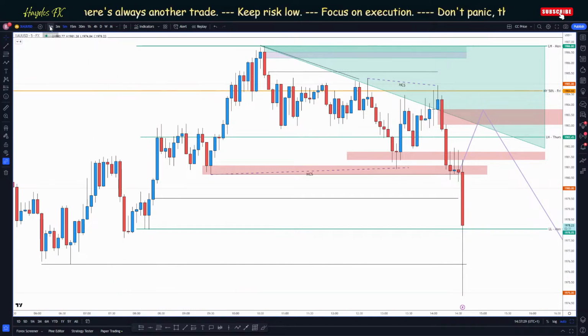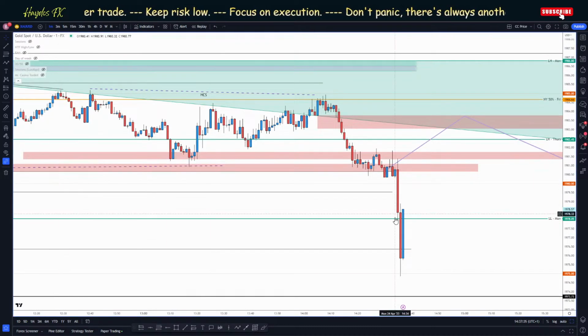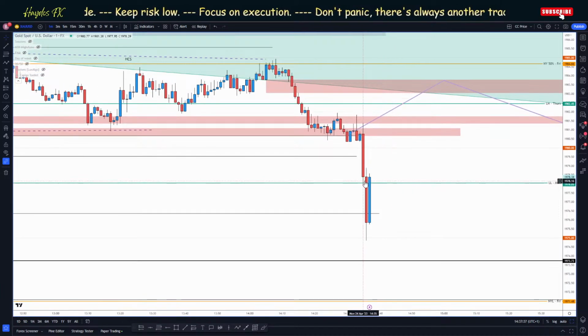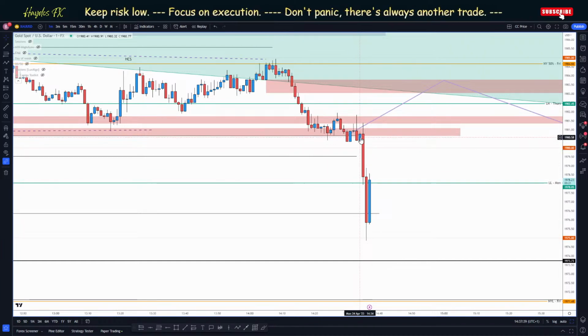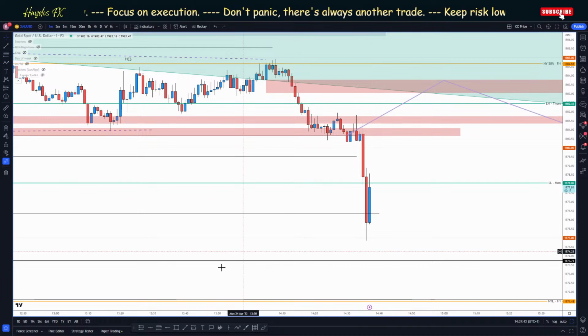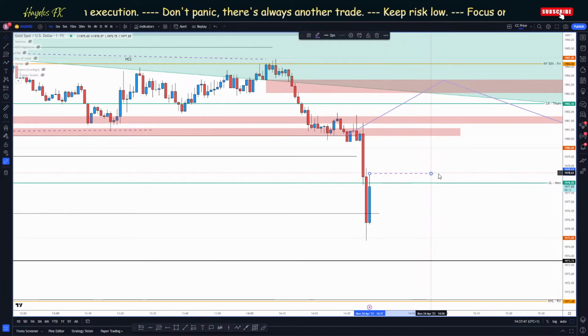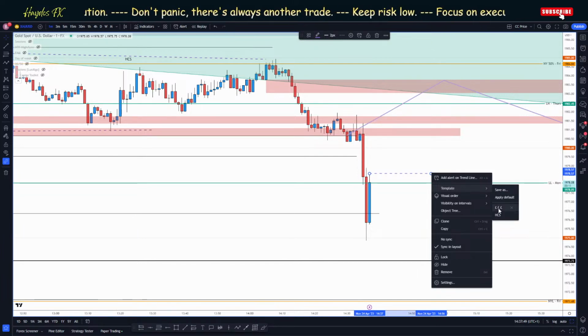All right. So maybe I'm going to try capture this move. Technically, it's called a chase trade, which is not ideal. But what I want to see is this is just the initial pullback. So I should just do a standard.